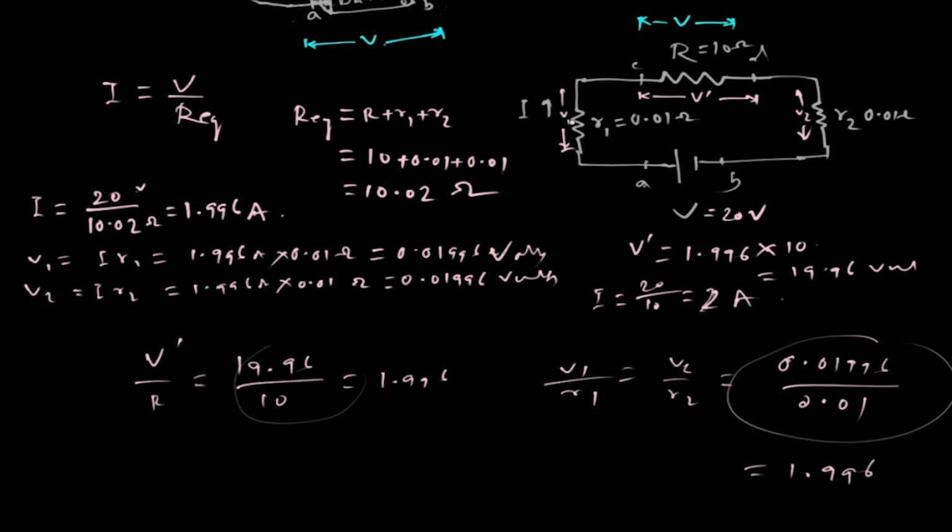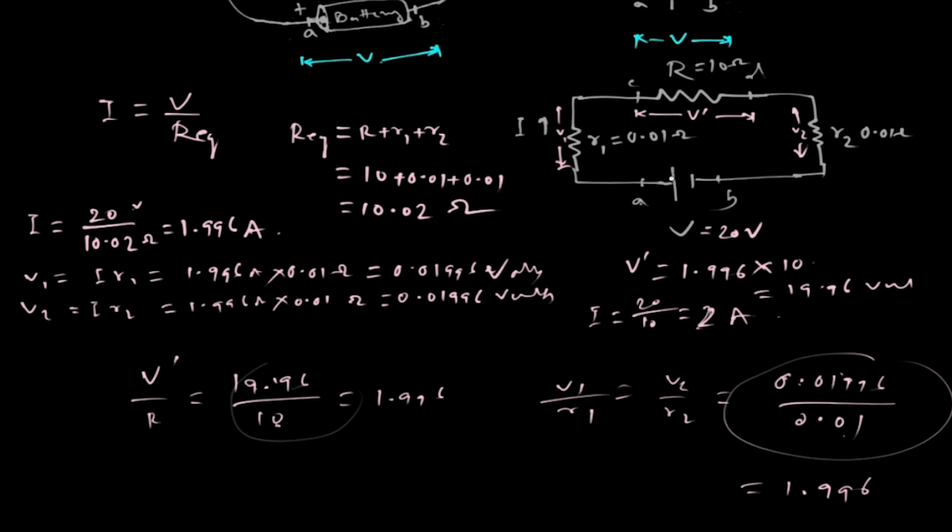So this voltage divided by this resistance is equal to this voltage divided by this resistance, that is equal to this voltage divided by this resistance. Although these values are small, their ratio is the same as this. Bigger voltage by bigger resistance is equal to smaller voltage by smaller resistance, but the ratio is the same, that is equal to the current I that flows through the resistance.